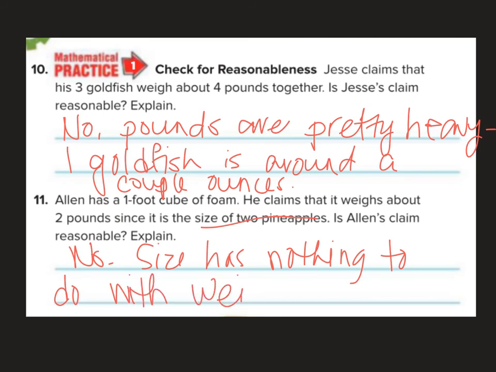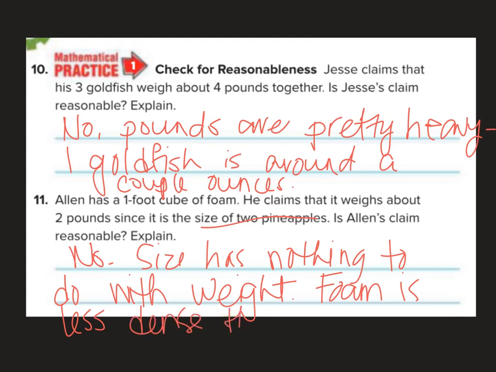Right? Foam is less dense than a pineapple, so it probably weighs less.